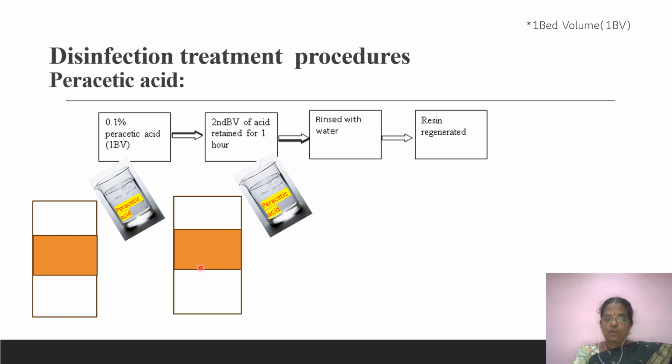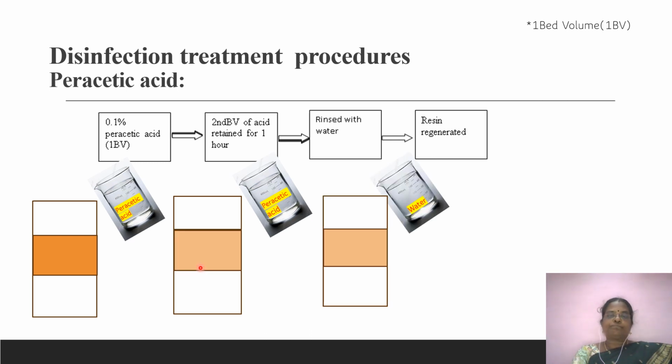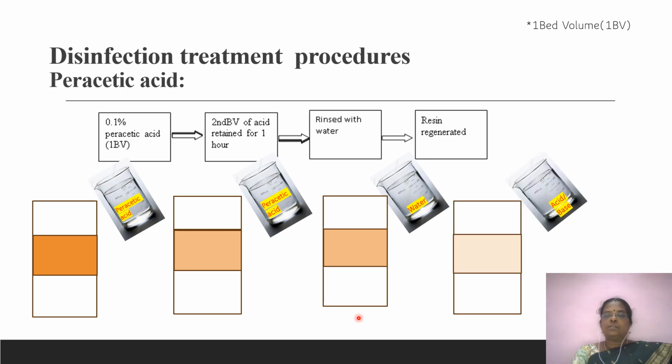After that, we need to rinse it with water to remove the peracetic acid, and this disinfects the resin. Then we have to regenerate with acid or base, depending on the type of resin we have taken, either anion or cation resin. See, this resin was brown and now the color has been completely removed. So the disinfection is complete, and the resin is happy now.